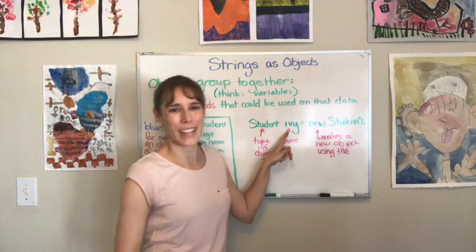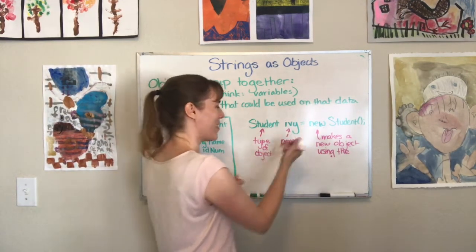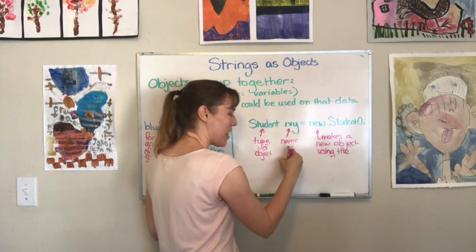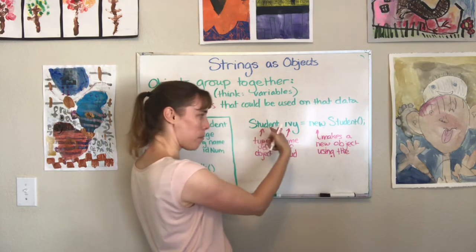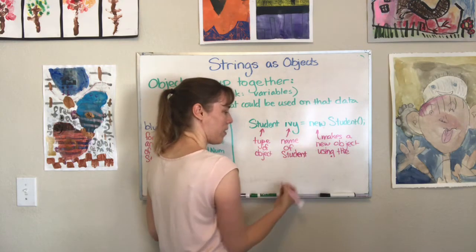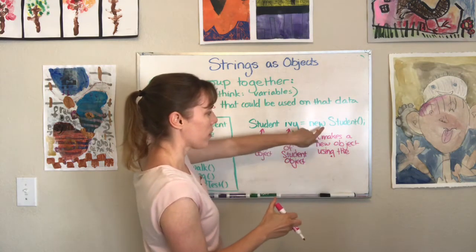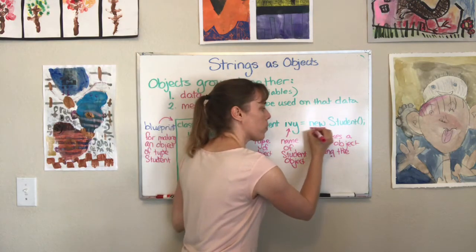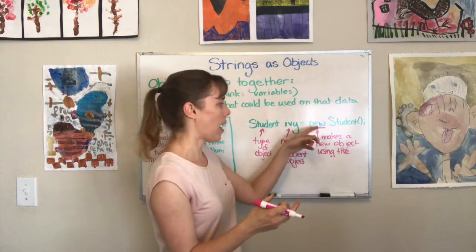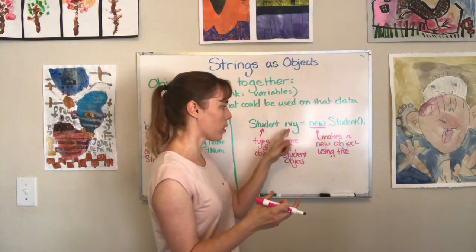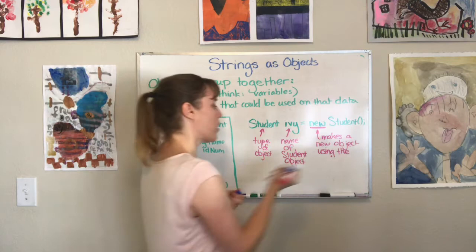I made a new student named Ivy. She's a great student. I love this student. Here's the name of my student object, and here's the type of the student object. And then over here, I've created a brand new student. So there's a brand new spot in memory to store a student, and that spot in memory is going to be referenced by Ivy. So this part makes a new Student object using the Student blueprint.